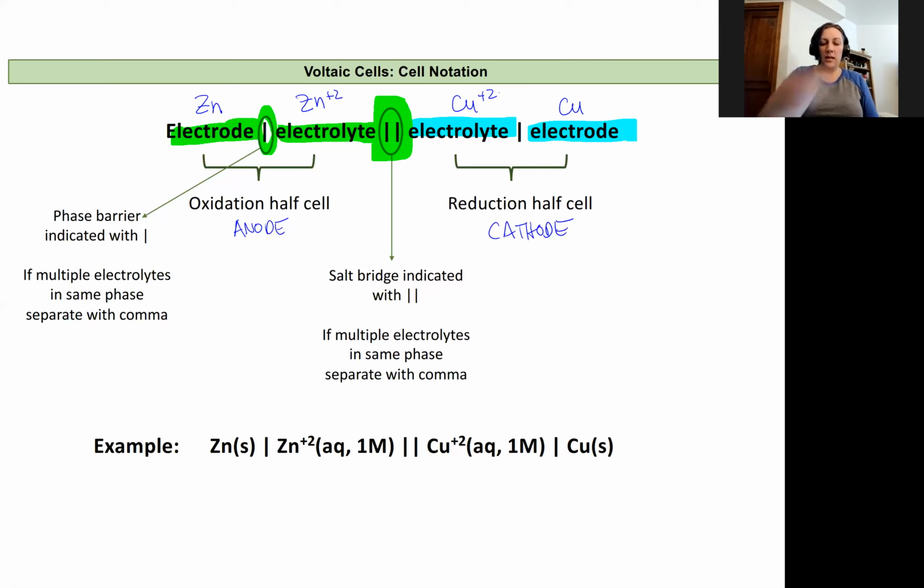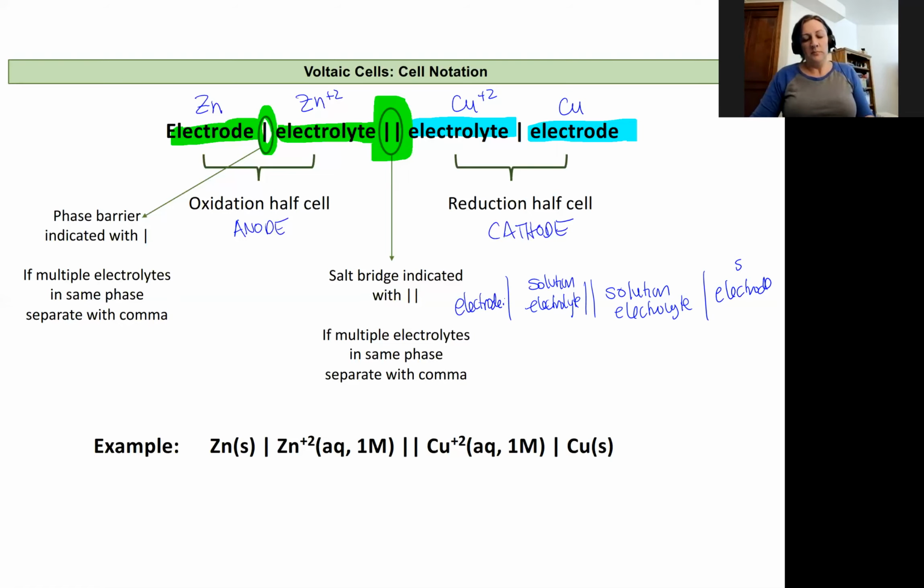A way to think of how to construct this is we start with a salt bridge, and then we put the solution, that's our electrolyte, on either side of that. A line, and then we'll put the electrode, which is typically a solid, not always.